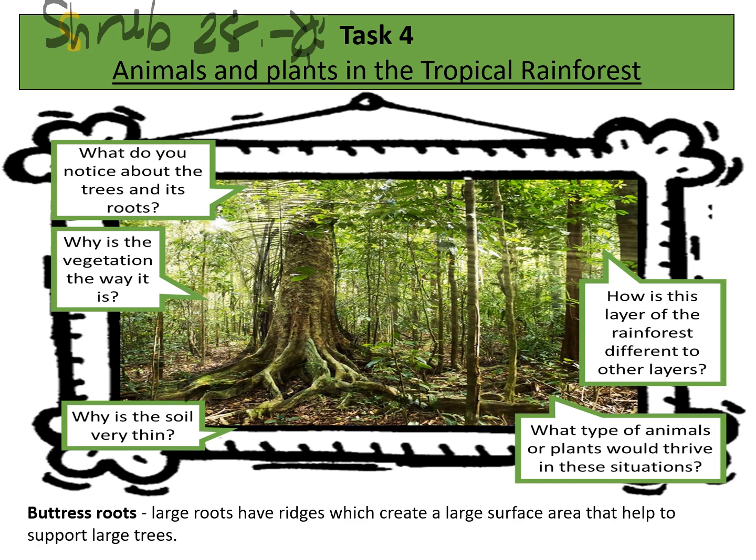And we're not really focusing on the trunk, but we're looking at these roots. And these roots are known as buttress roots. And I've given a definition for a buttress root at the base or the bottom of this slide. So buttress roots are very important because they are able to support the trees, which means that they can grow extremely high. So these trees will make their way all the way up to the emergent layer.